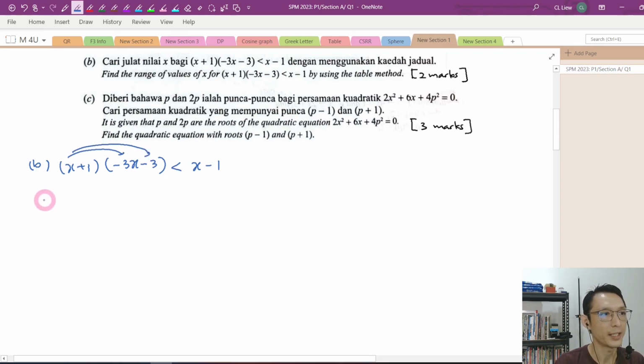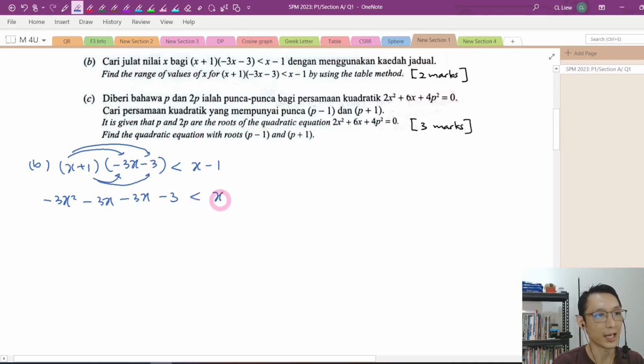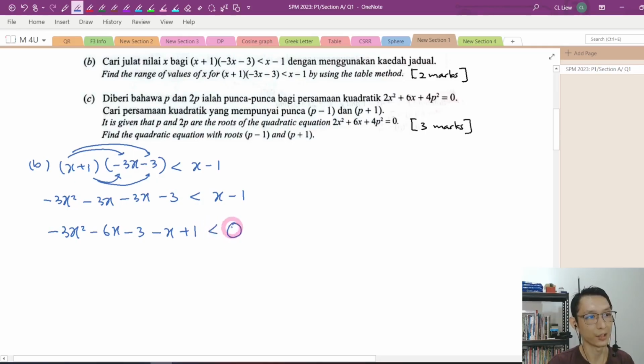So this will be negative 3x squared minus 3x minus 3x, and the last one will be negative 3. It's less than x minus 1. Do some simplification over here. Negative 3x squared minus 6x minus 3 minus x plus 1 is less than 0.